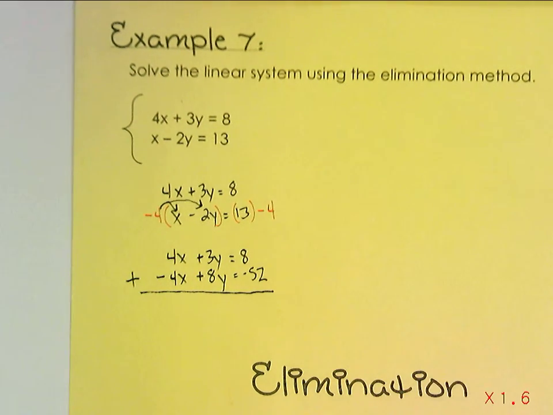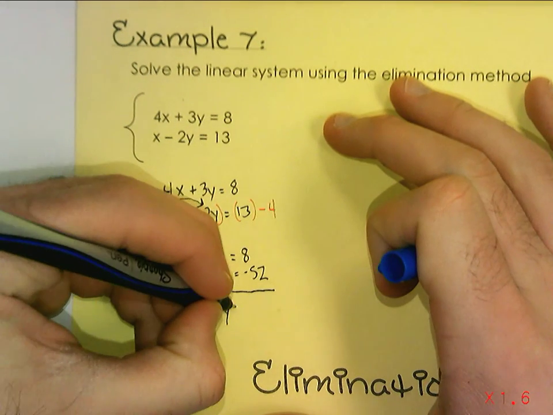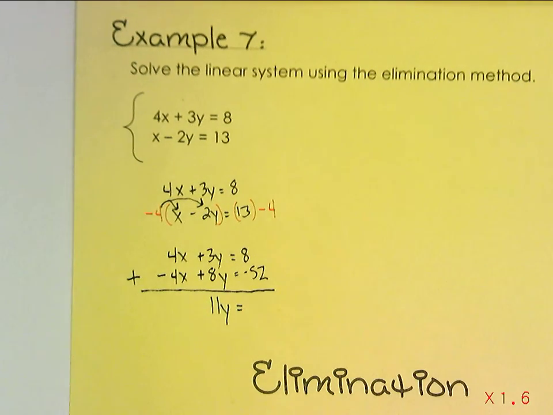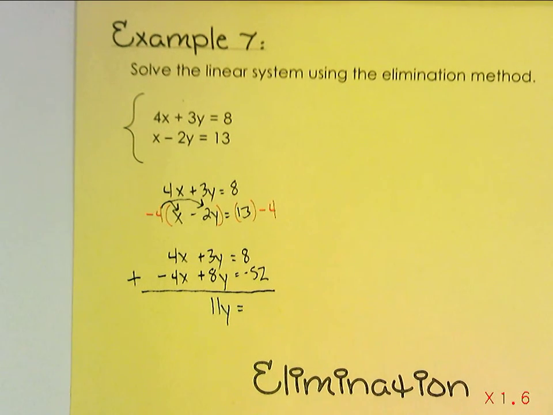3 plus 8 is 11, 11y, and that's equal to 52 minus 8. Well, if I subtracted, is it negative 44? I think that's what it is. Yeah, negative 44, sorry.